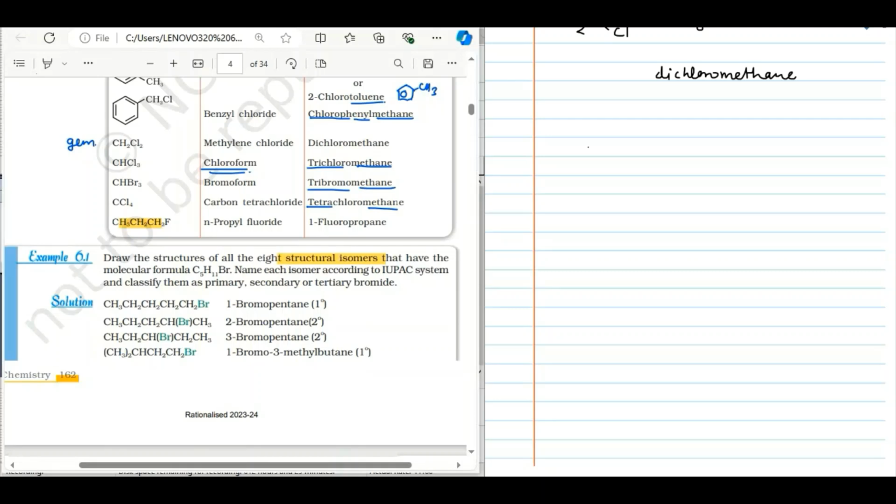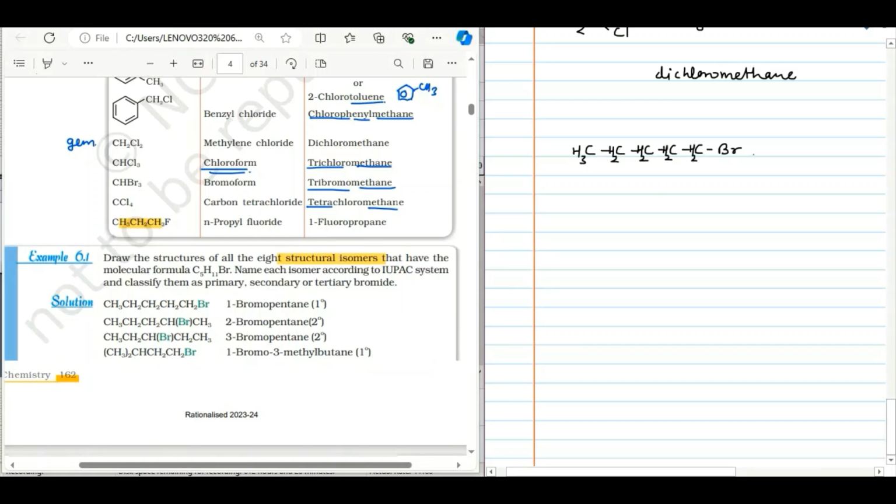So first of all, draw the skeletal structure C5. So we need to draw 5 carbons and Br. So I will write here Br. Now balance the hydrogens. So here CH3, CH2, CH2, CH2 and CH2.